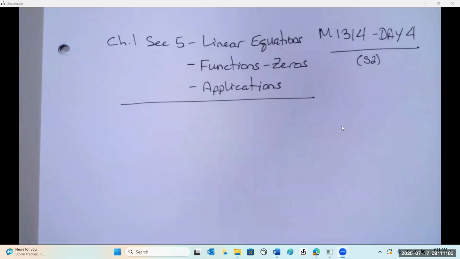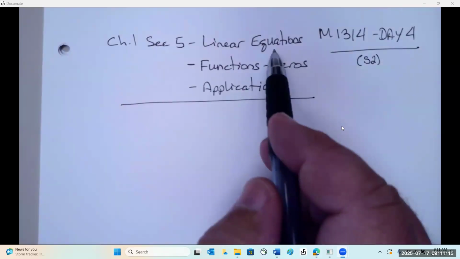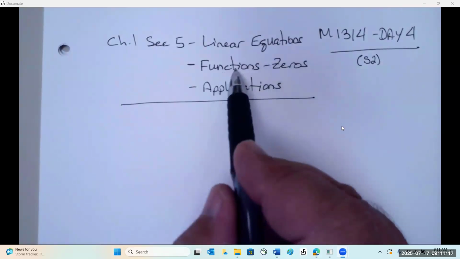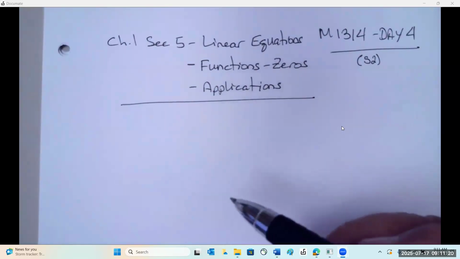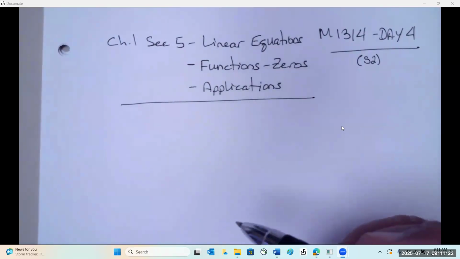All right, now we're going to take everything we just talked about and put it into larger, more complex equations. But before we go any further, we talked about functions. What is a function? How do we know if something's a function?